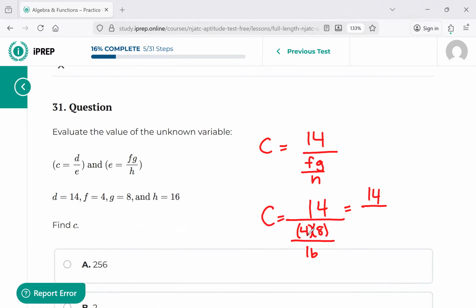So 14 over 8 times 4 is 32 over 16. 32 divided by 16 is 2. It's actually not complex. 14 divided by 2 is 7.